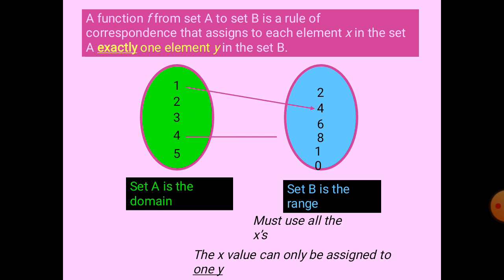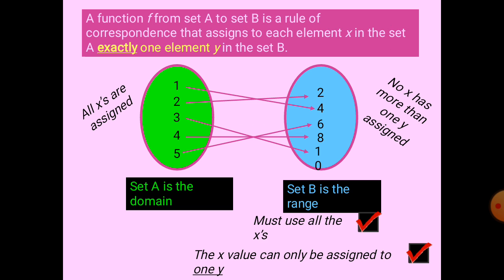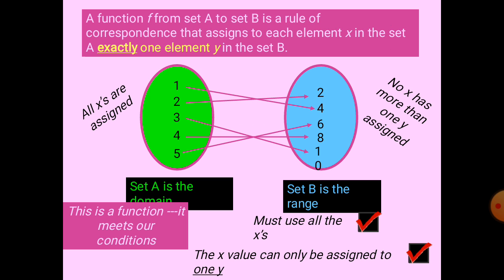So the point here is that we call it a function if each element in set A has exactly one element in set B. Set A must use all the x's, and each x value can be assigned to only one y. No x has more than one y assigned, and all x's are assigned. So this is a function.